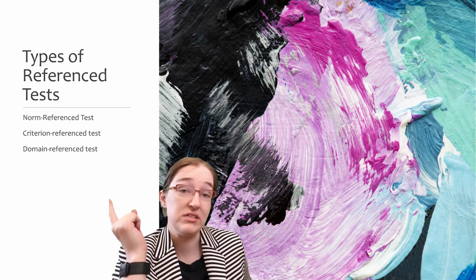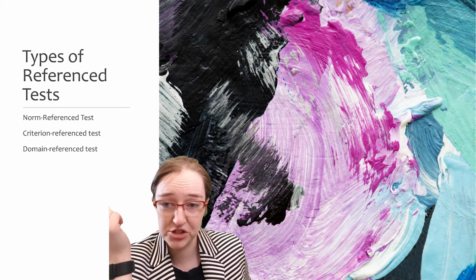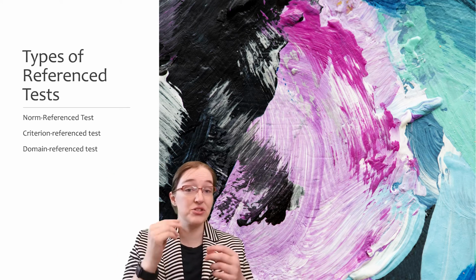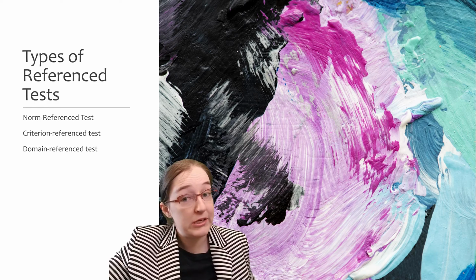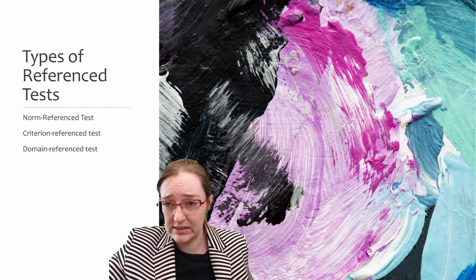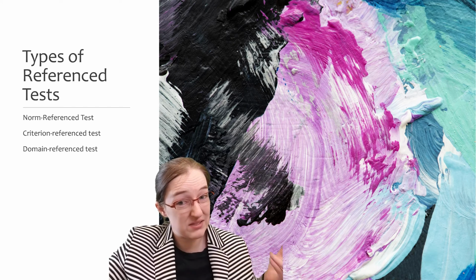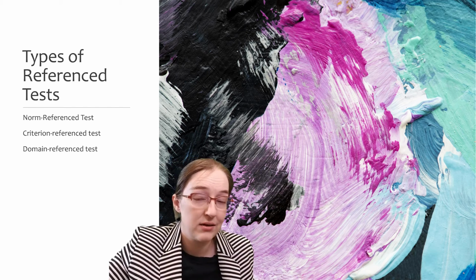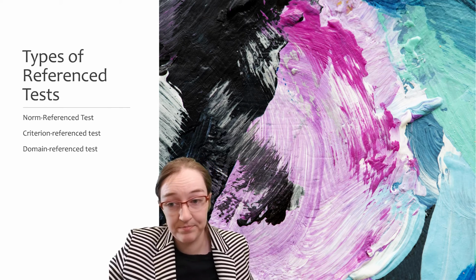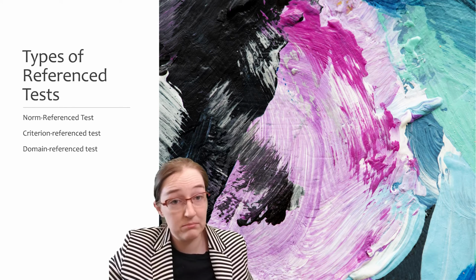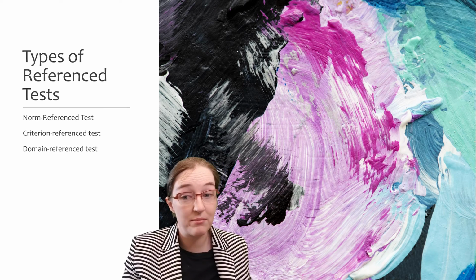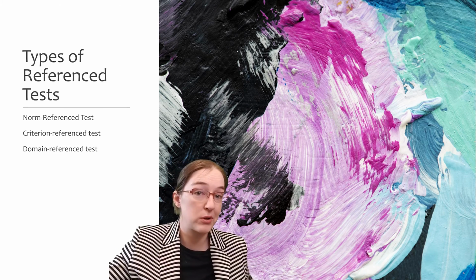But we're going to talk about criterion reference test, in which the content area is mapped and scores reflect whether a particular standard or criterion has been achieved, versus domain reference test, which is an assessment that covers a specific area of study, such that a score reveals how much of that area has been mastered. The criteria for these criterion reference assessments typically are derived from the values or standards of an individual organization.